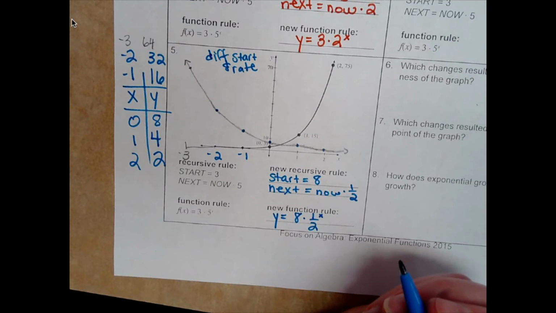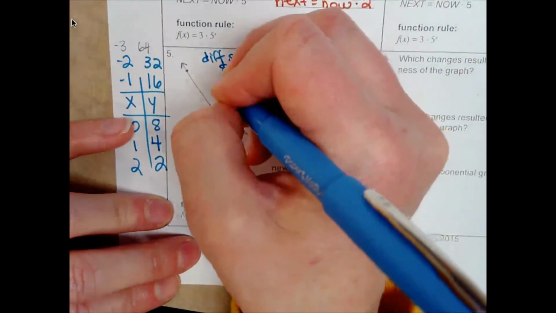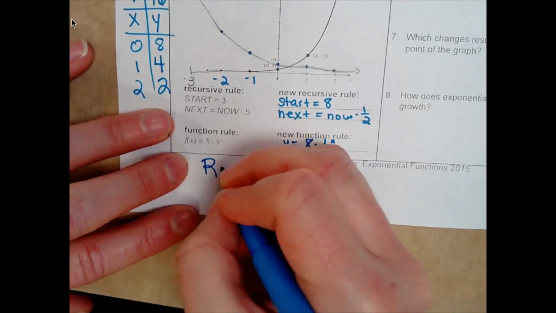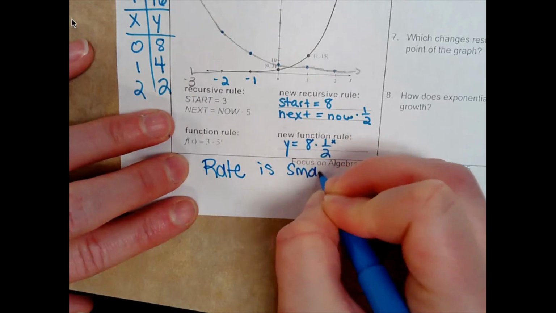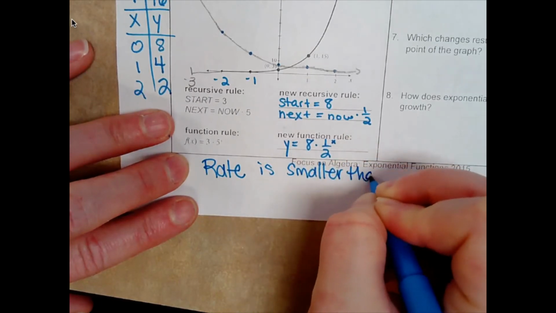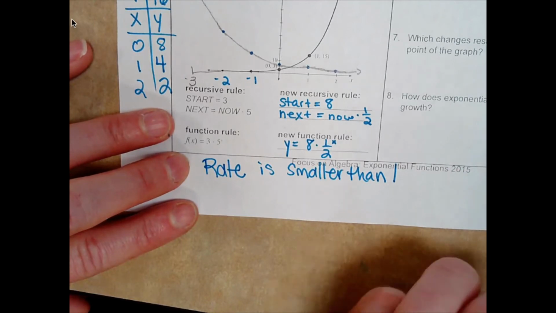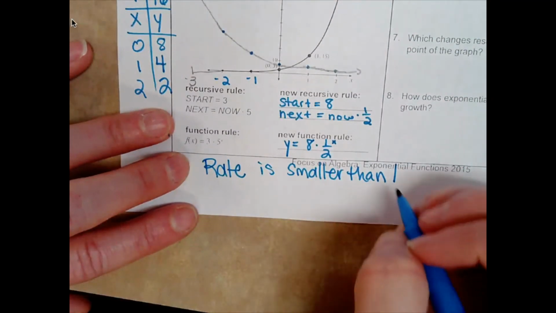So for 5, the opposite of that would be 1/5, or the reciprocal. So what caused this to actually be decreasing? The rate. The rate is smaller than 1. So what happened to the graph? It would decrease. Yeah, so it equals decreasing.